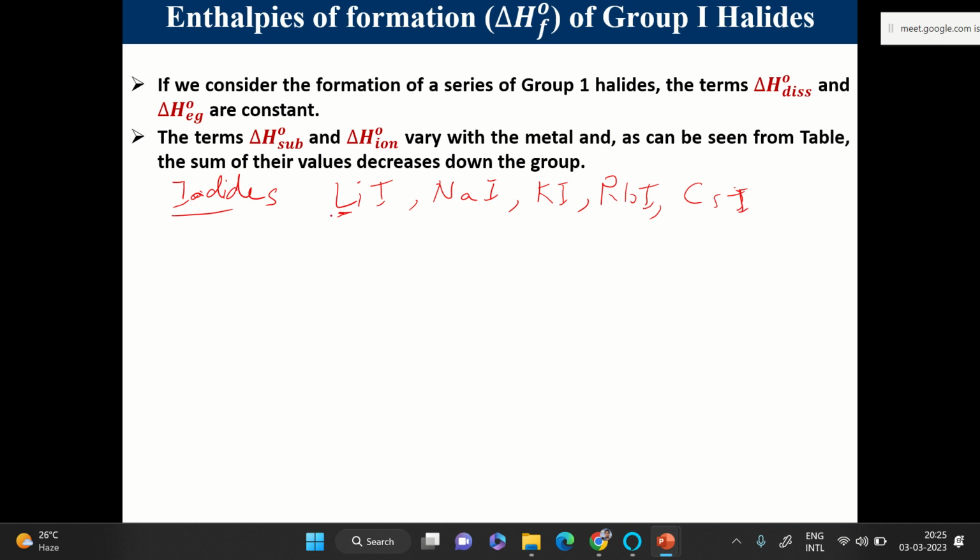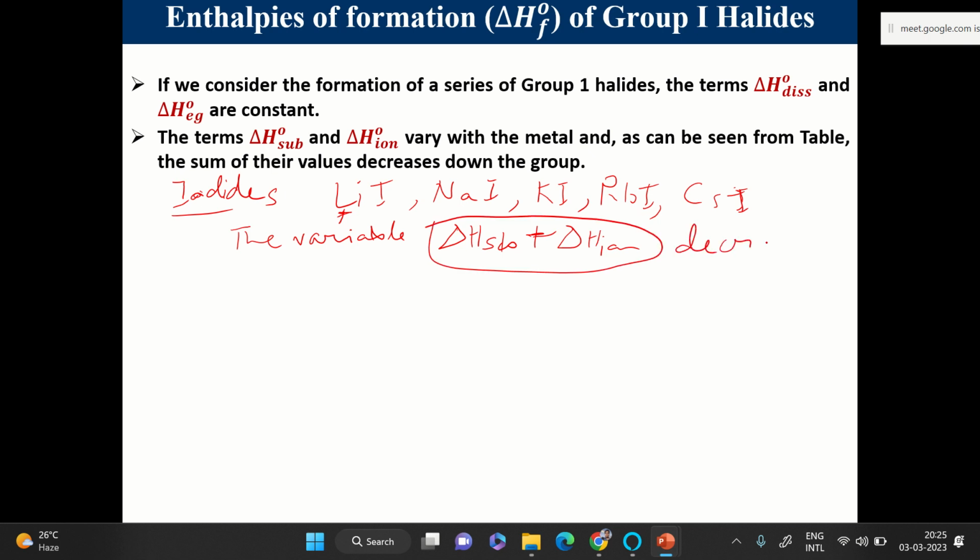So the size of the metal ions controls the interactions. The variable is delta H sublimation plus delta H ionization. This decreases down the group.